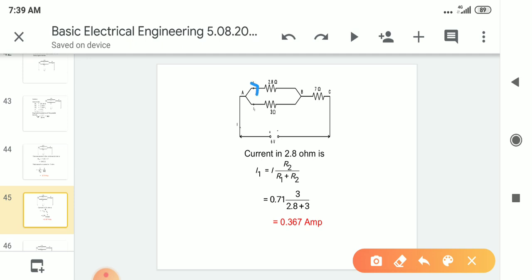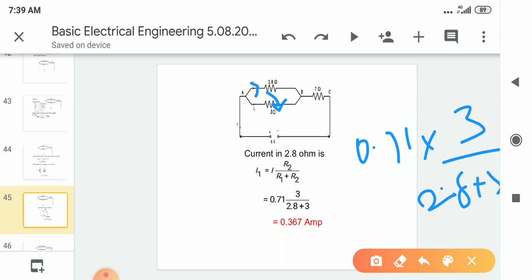Here this is I1. Its opposite resistance is 3. So total current is 0.71. Now we are finding its opposite resistance 3 by total resistance 2.8 plus 3. This gives the current value.